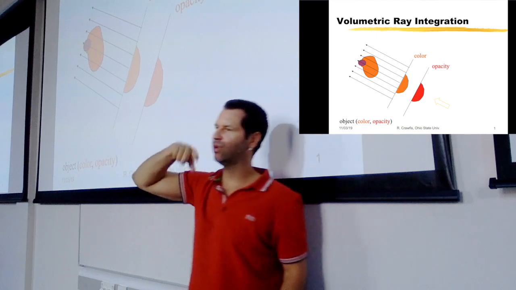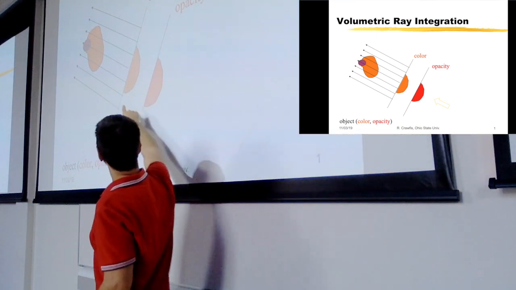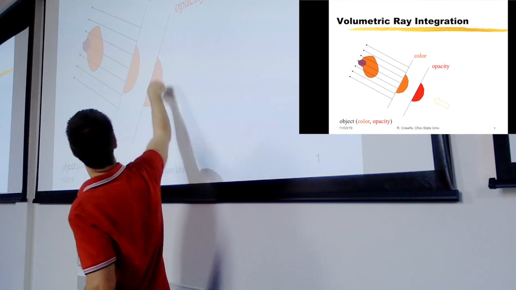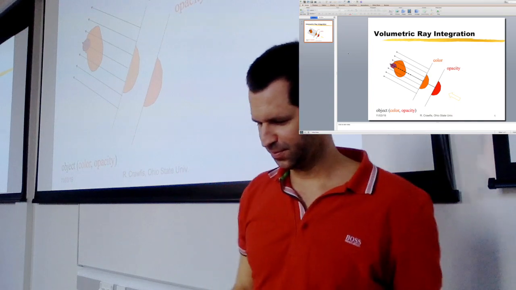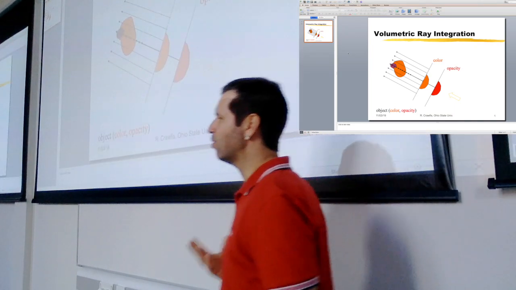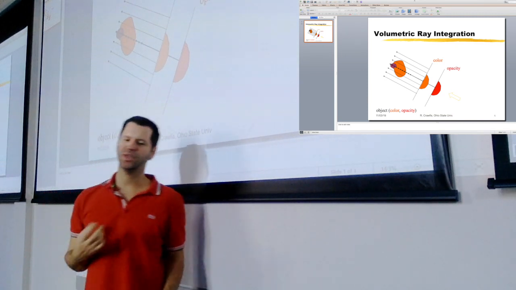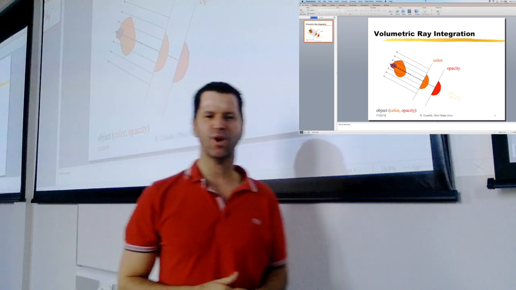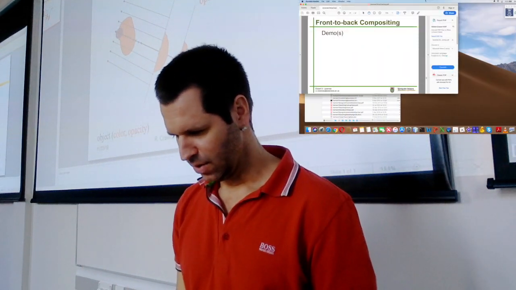That's the image order technique. And we end up with a set of color values for every pixel and a set of opacity values for every pixel. And that's just a little demo of front to back compositing that hopefully makes it more understandable than with no demo.